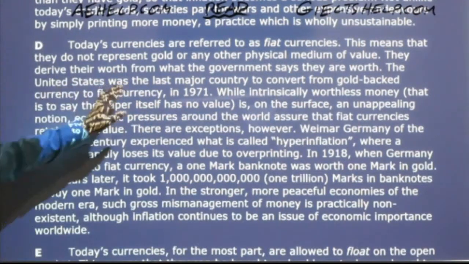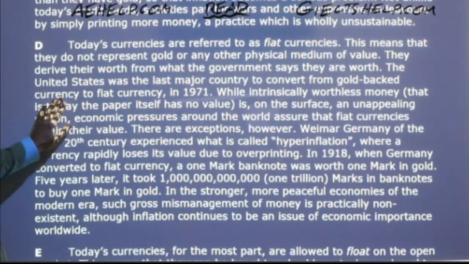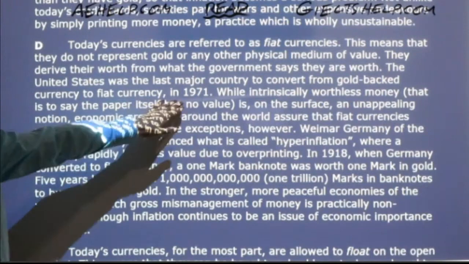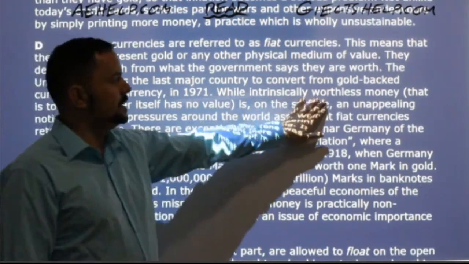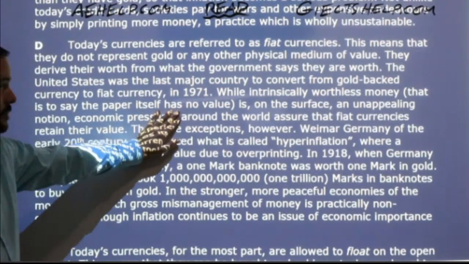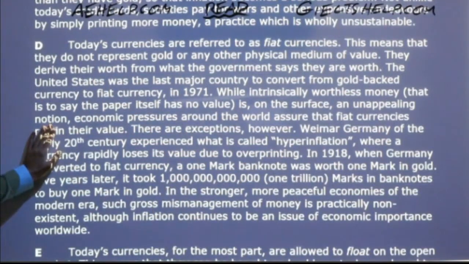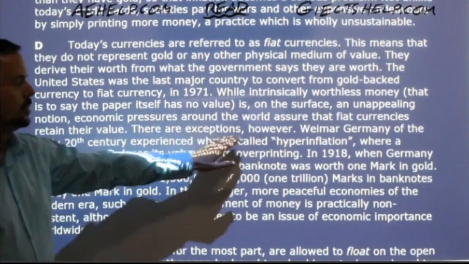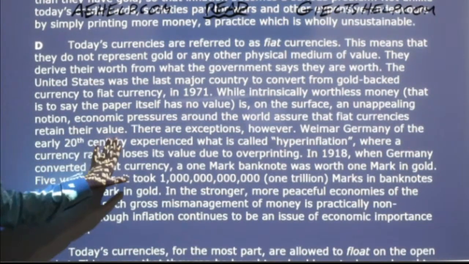The United States was the last major country to convert from gold-backed currency to fiat currency in 1971. While intrinsically worthless money, that is to say, the paper itself has no value, is on the surface an unappealing notion, economic pressures around the world assure that fiat currencies retain their value.